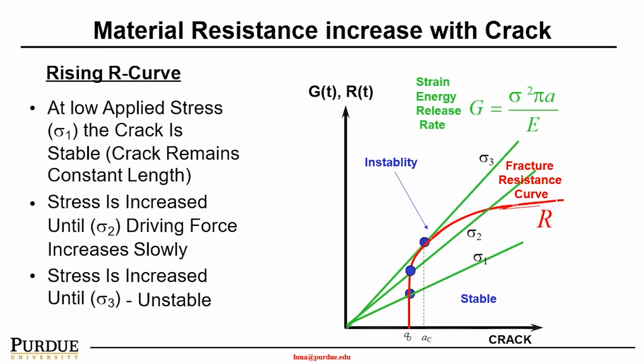If I have a very low applied stress, the crack is stable. However, when the stress is increased to sigma 2, it becomes a driving force, and this crack starts increasing very quickly, and that's the unstable area. So the AC, this is your critical crack length.